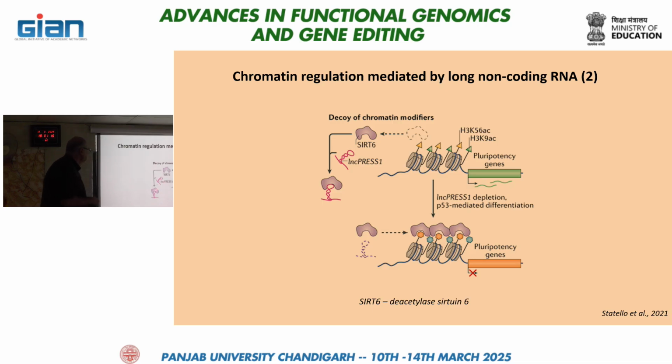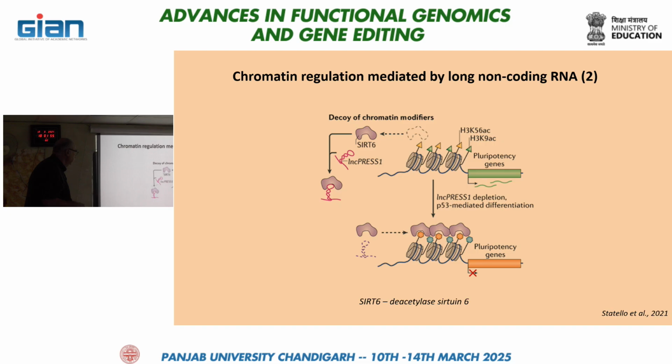Again, it's a synthesis of Pres1, again from humans, no Arabidopsis here, and it can bind SIRT6, which is a deacetylase. Maybe I should explain that acetylated histone 3 means active gene. If lysine 56 and lysine 9 are acetylated, the gene is very actively transcribed.